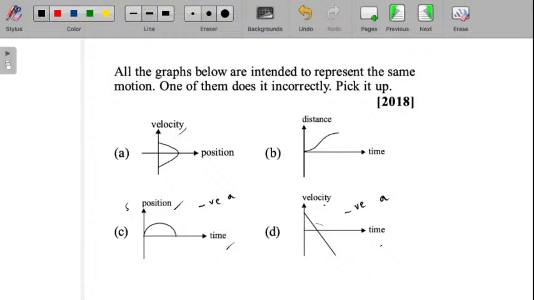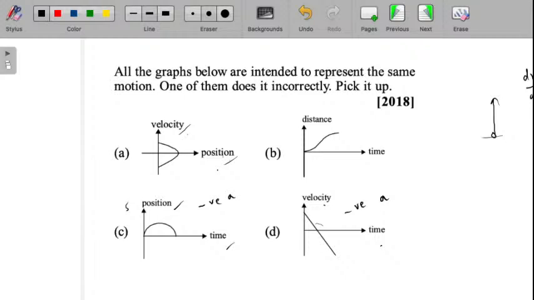Let's see this velocity versus position graph, v versus position. This is a unique graph. We haven't discussed this, but we could obtain it similarly. For a motion under gravity, when you project it upwards, the slope dv by dt equals the acceleration a. We could also say dv by dx into dx by dt is still your acceleration a.